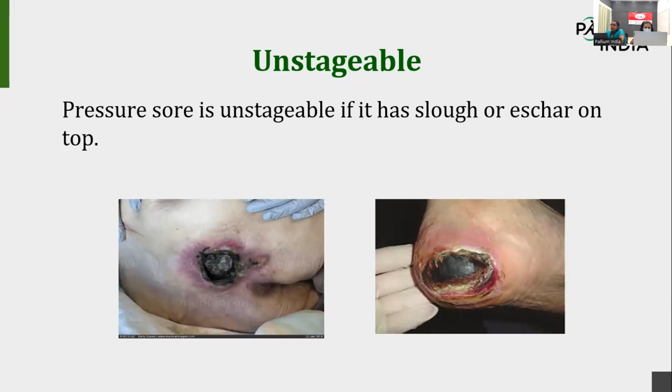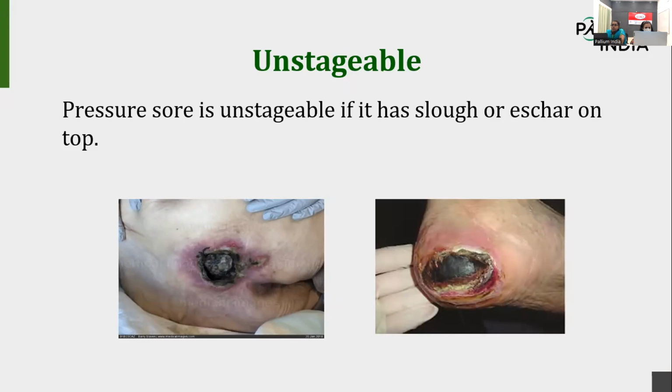We don't know how much depth is involved. When we remove the black necrotic tissue from the top of the wound, then we understand how much involvement is there, and we can confirm whether the wound is third stage or fourth stage.